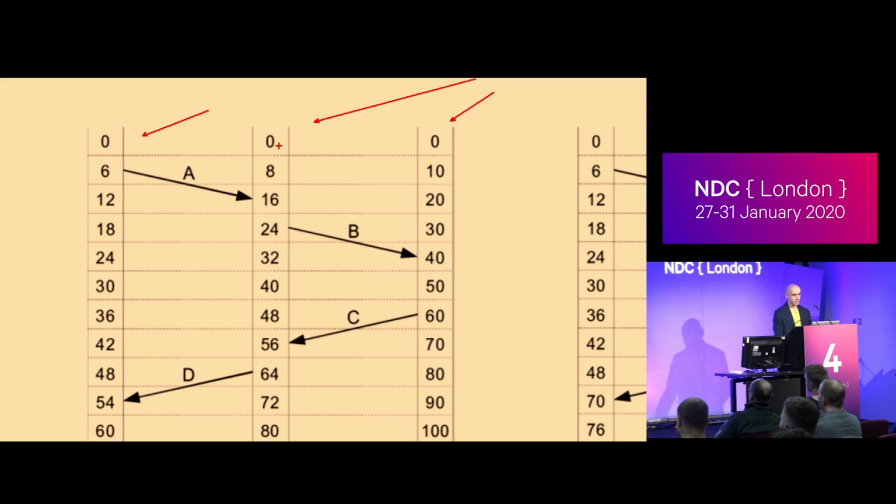The second machine increases by 8 seconds. The last machine increases by 10 seconds. If we blindly follow timestamps, not the Lamport relationship, everything works fine for the first message, because it was sent here at time 6 and received at time 16. This works well. This message was also sent at 24, received at 40.